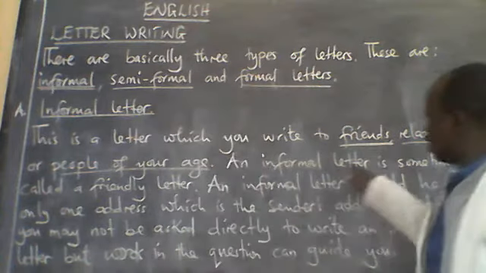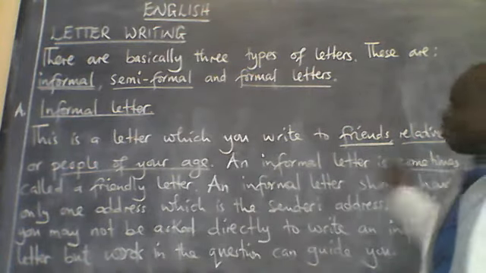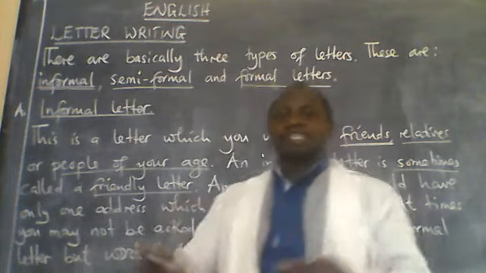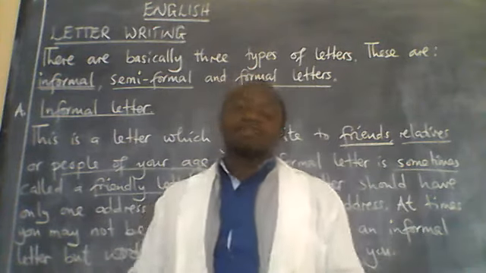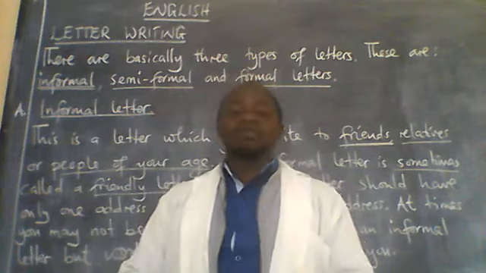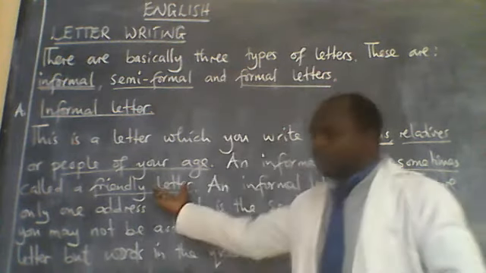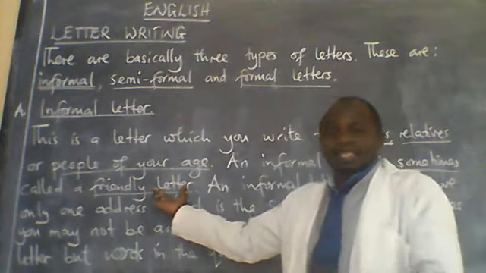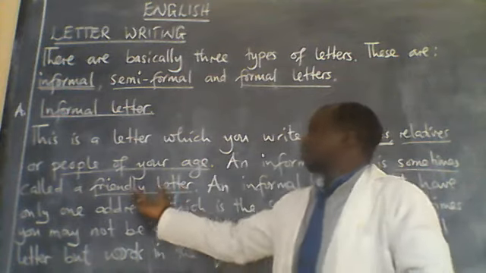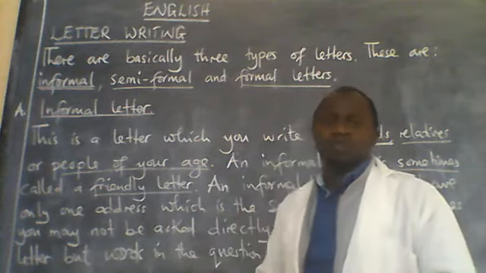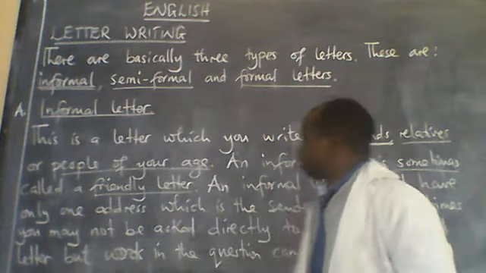What next? An informal letter is sometimes called a friendly letter because you are writing it to your friend. Therefore, it can also be called a friendly letter. Upon knowing that this letter that I've been asked is a friendly letter or informal, what next should you bear in mind?